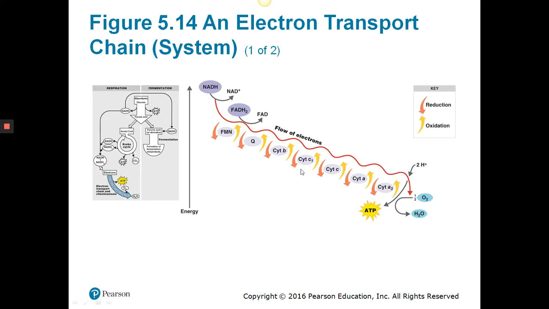And you just notice every one of these carrier molecules, all it does is just boost the electrons until they get down to this point that we can use them to produce ATP. And what I mean by this is that they basically travel down what we call the electron transport chain and just keep transferring energy from one molecule to the next until we get to the right molecule that can actually transfer that energy into making ATP from ADP.